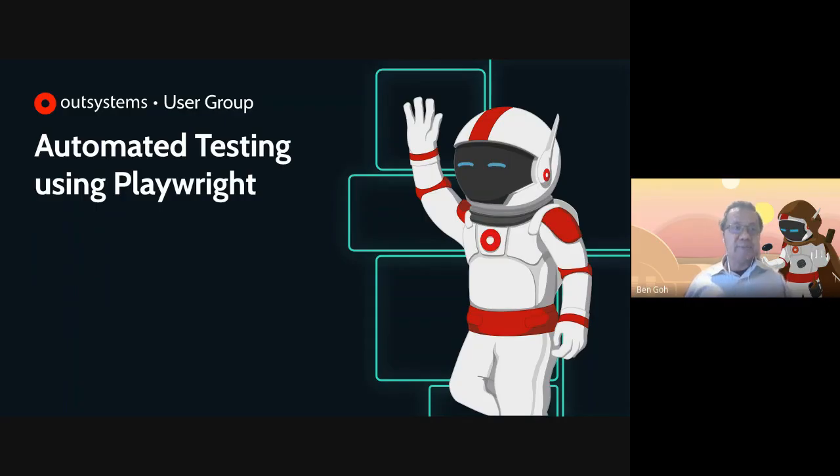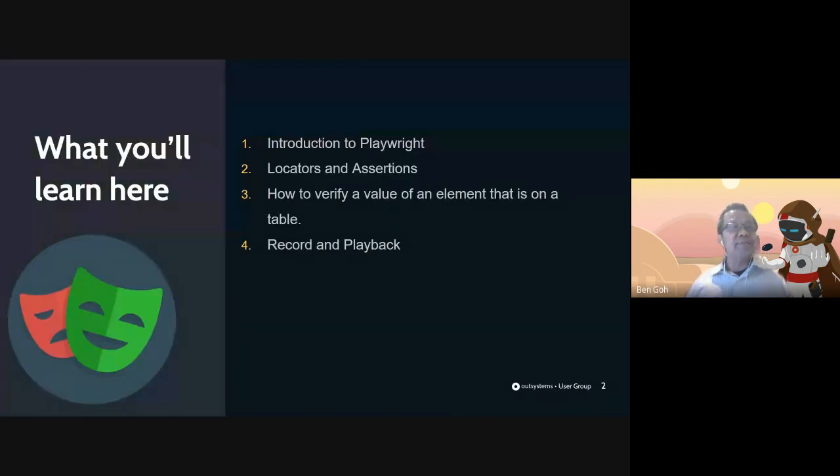Thank you, everyone, for coming to this presentation. I was just going to talk about automated testing using Playwright. For tonight, you get a bit of an introduction of what Playwright is. I'll talk to you about the two most important aspects of automated testing tools in Playwright: locators and assertions.